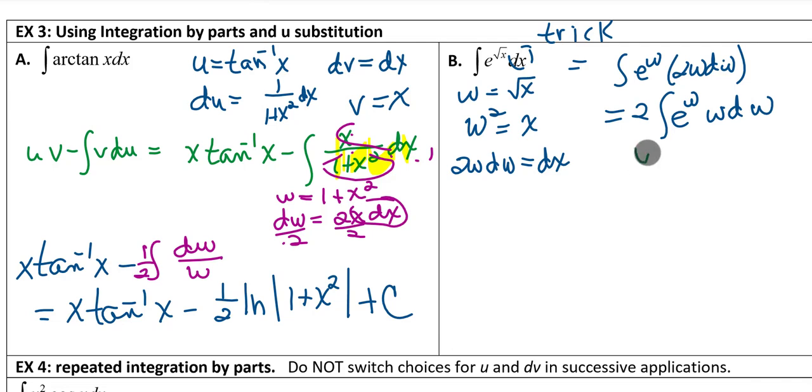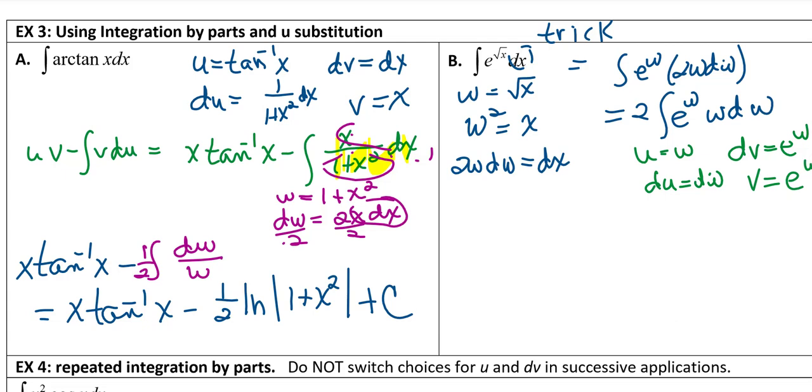So we'll let u equal w, and dv is going to be e to the w. So when we take the derivative of w, we get our du, which is dw, and when we integrate dv, we just get e to the w again. So now we're in good shape here.